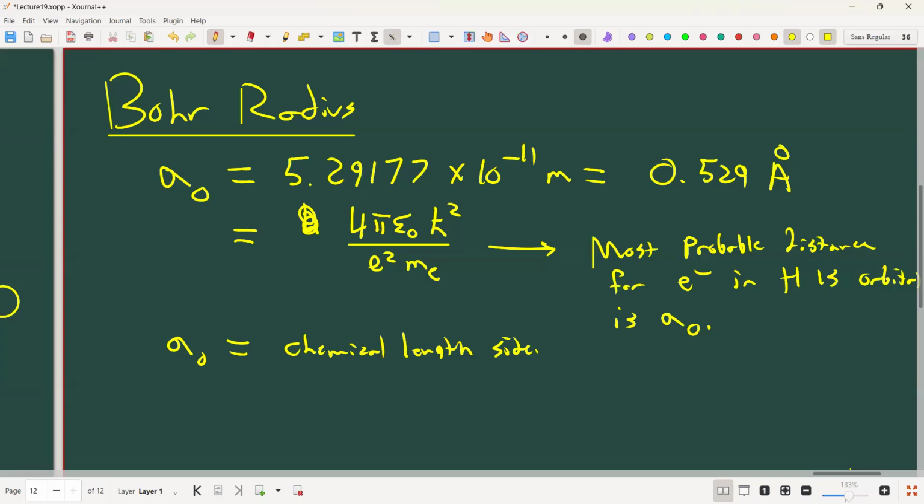The average attraction between the proton and the electron, compensated by the centrifugal potential, puts the electron on average at a0 in the ground state. And that number is fixed, right? It's determined by a bunch of constants. a0 is determined by how effectively you can transmit a current or electrical energy through the vacuum. That's epsilon naught for permittivity. h bar squared, of course, is our fundamental unit of energy in some sense for our electron or for any quantum mechanical system. h bar squared is proportional to L squared, angular momentum, so it's always going to show up in the calculation.